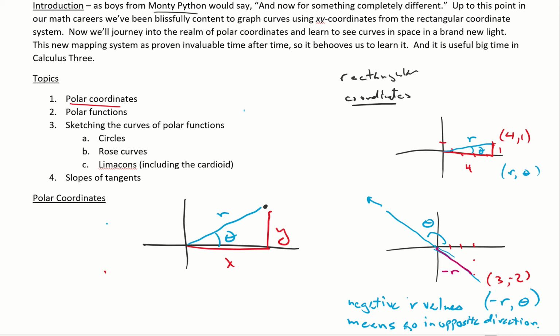And there are relationships that are important to us. First of all, there's Pythagoras that says if you add x squared and y squared, you get r squared. Also, you can relate theta to y and x by saying y over x is really tangent of theta.